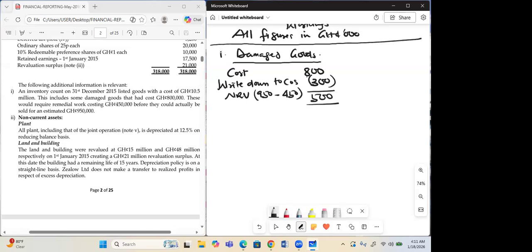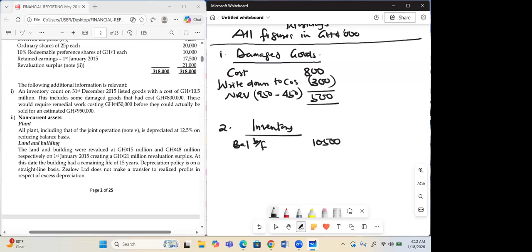So you immediately go to working 2, and then calculate the value of your closing inventory itself. The question said the inventory count listed goods with a cost of 10.5. So the closing inventory value is 10,500.